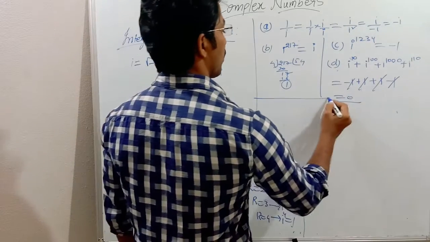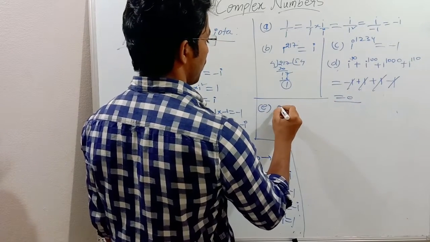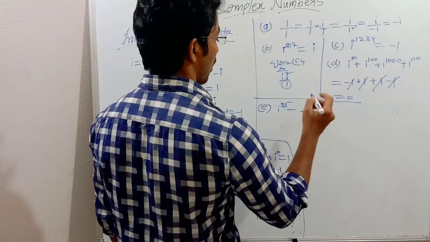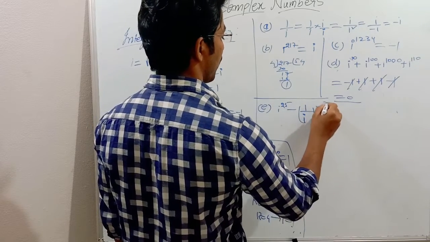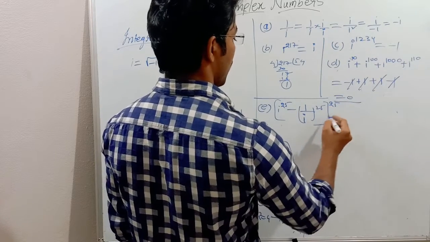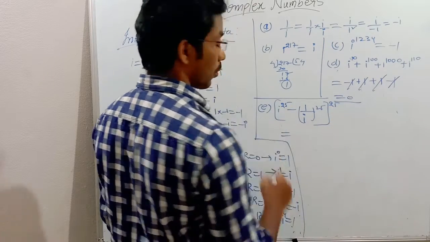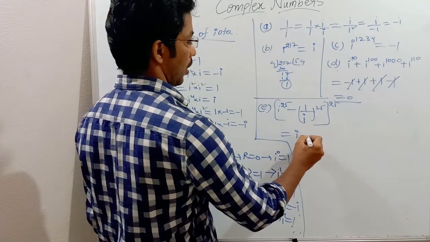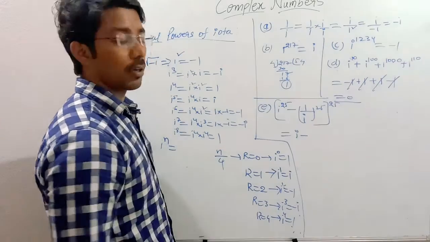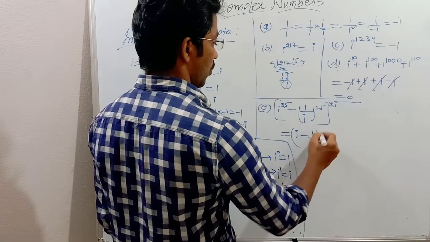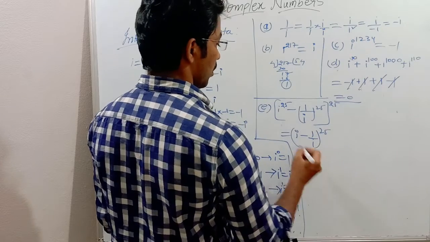Now if I take i power 25 minus 1 by i, whole power 25, that is equal to i power 25, with 4 sixes are 24. So the remainder is 1, and the final value will be i. Here the same, minus 1 by i whole power 25.